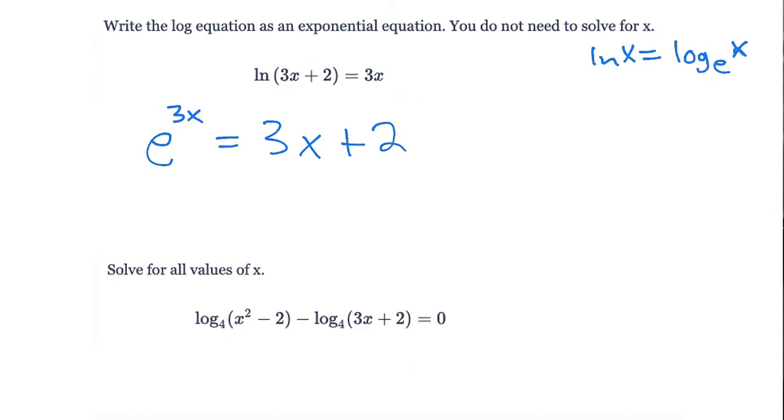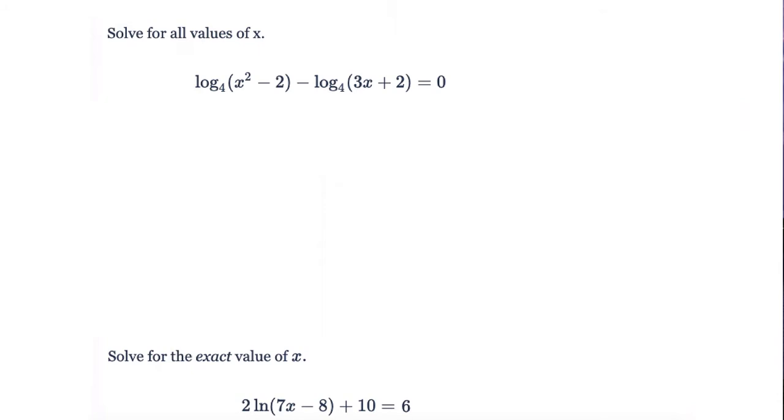When we start using some of the properties, take a look at something like this. If we think about what this could be, isn't this log base 4 of x squared minus 2 divided by 3x plus 2?